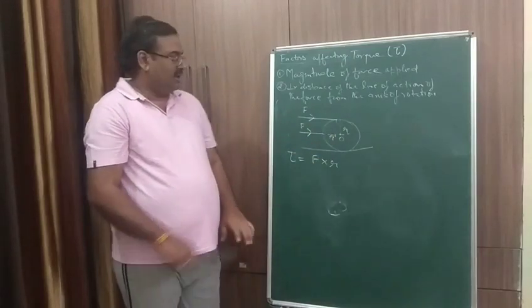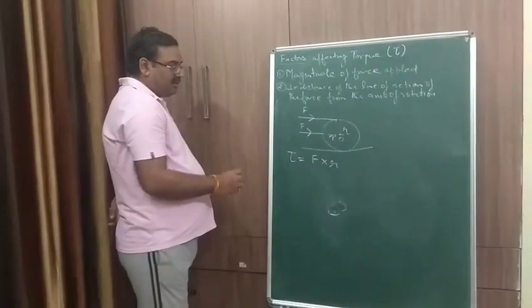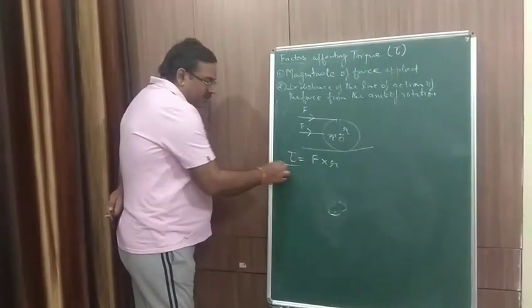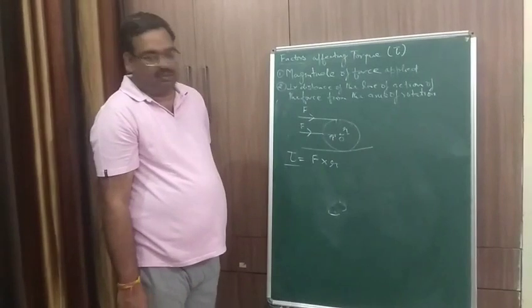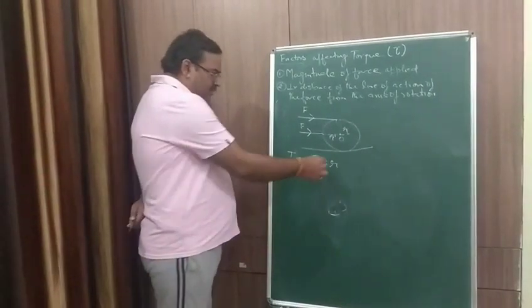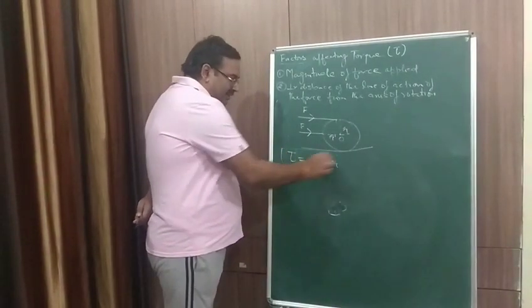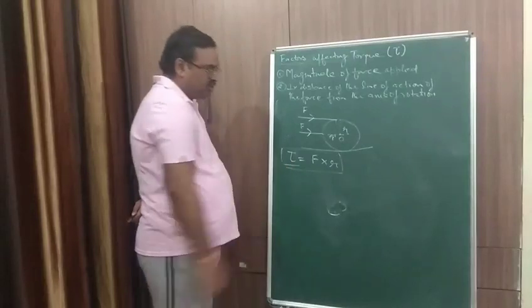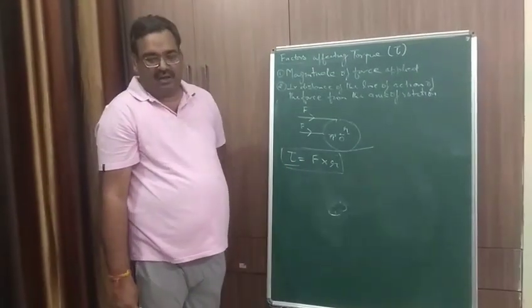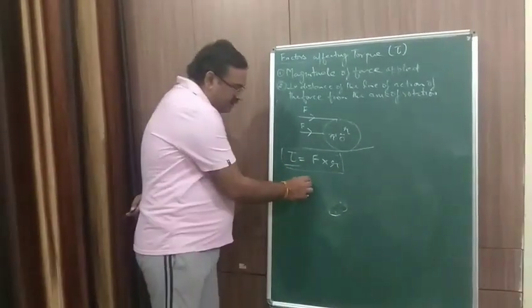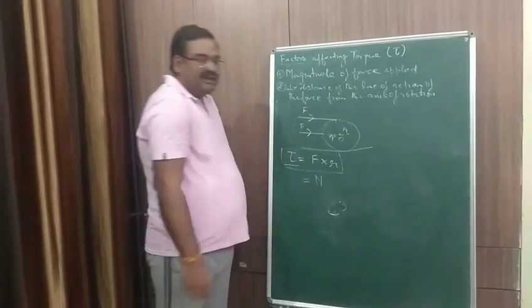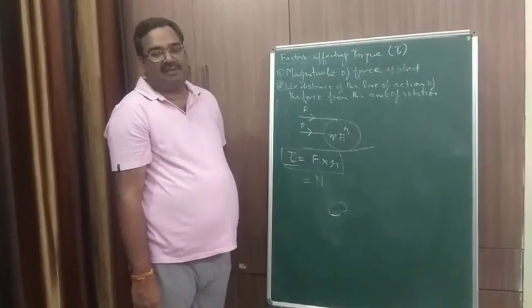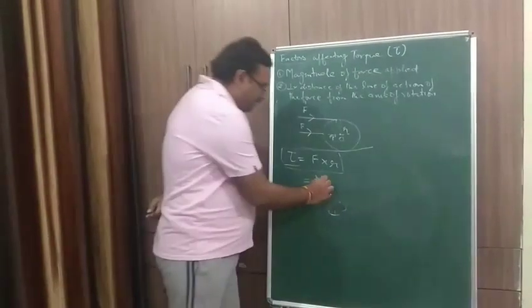Is it clear? Now we continue with the second most important thing, the units of moment of force. So, from the formula itself, we will derive the unit. We have the formula tau is equal to F cross R. The SI unit of force is Newton, and the SI unit of distance or displacement is meter.